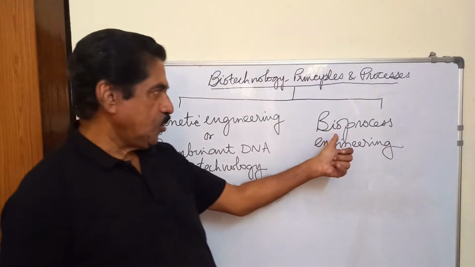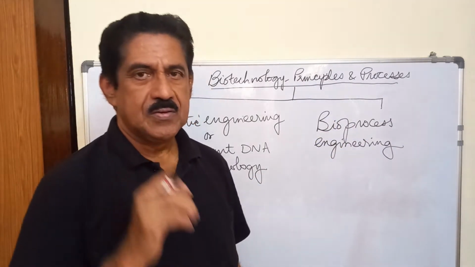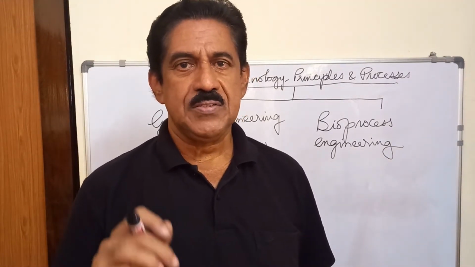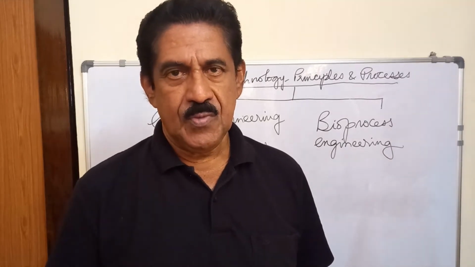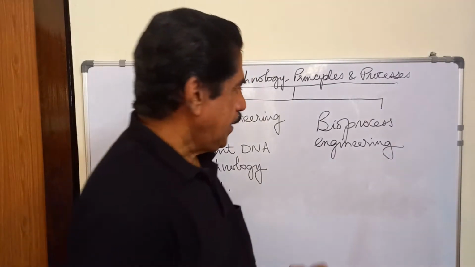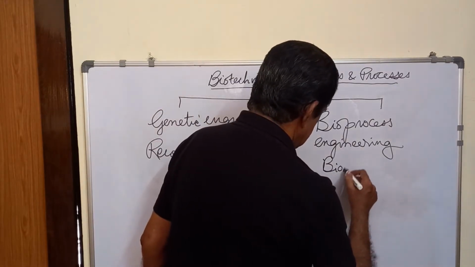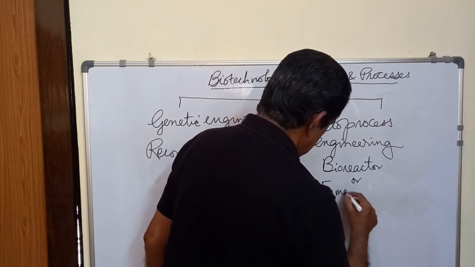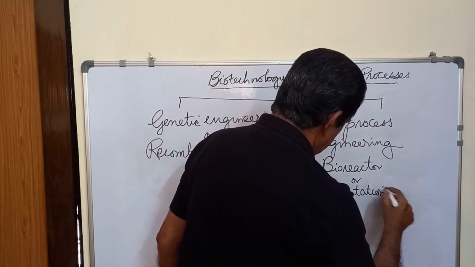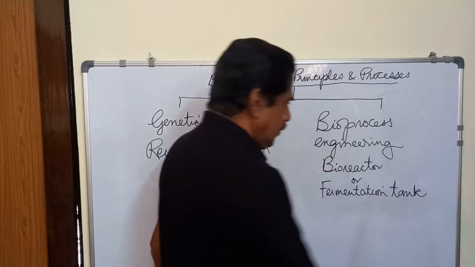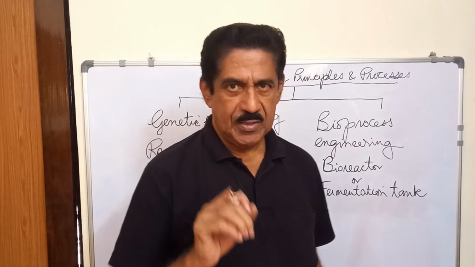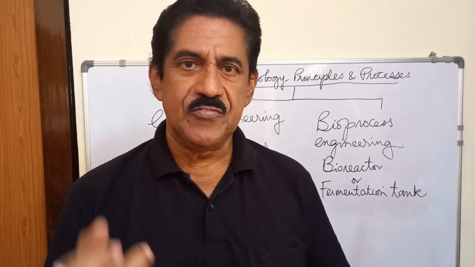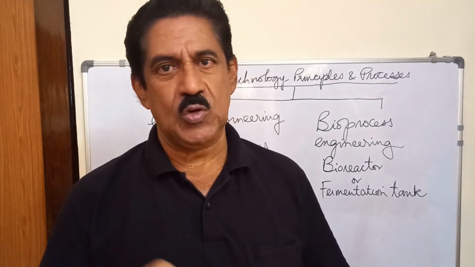Now, let us look at bioprocess engineering. Let us take an example. You want to make human insulin from genetically modified E. coli. You culture the E. coli in a bioreactor, also called a fermentation tank, make millions of E. coli, isolate the E. coli, and from that you purify human insulin.